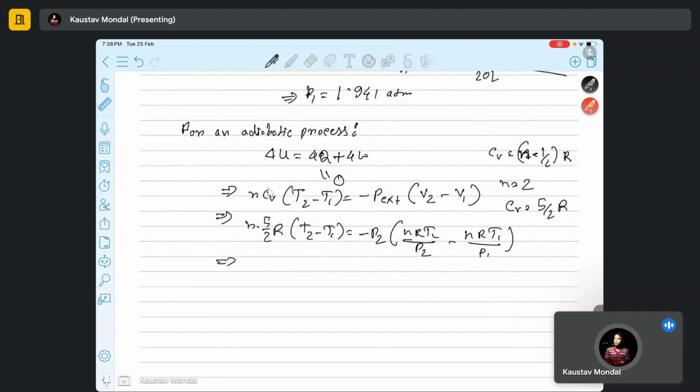Now 5 by 2 (T1 minus T2), I just absorbed the negative sign into the left hand side.